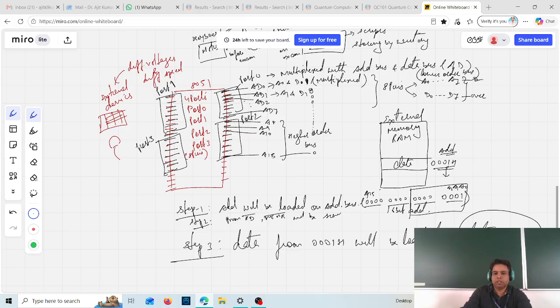But this data bus, which is D0 to D7, was carrying the address in step 1. Do you remember this?